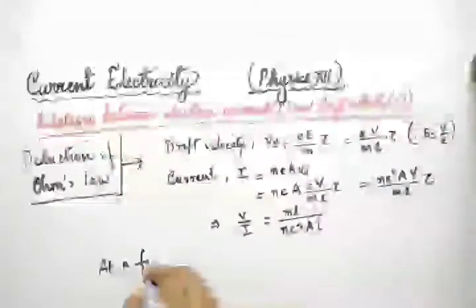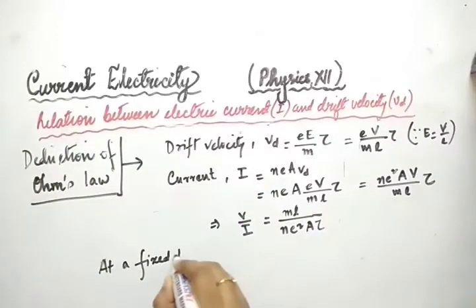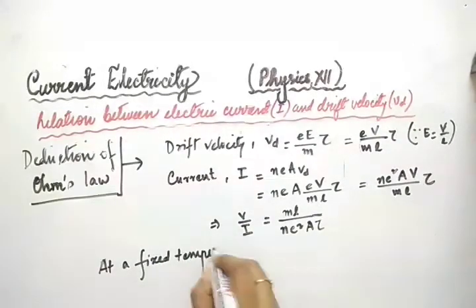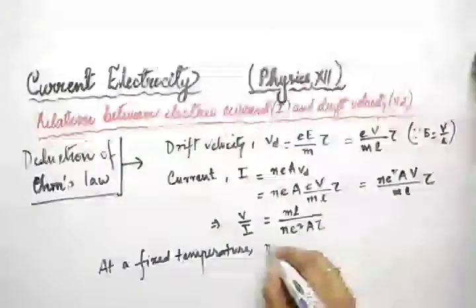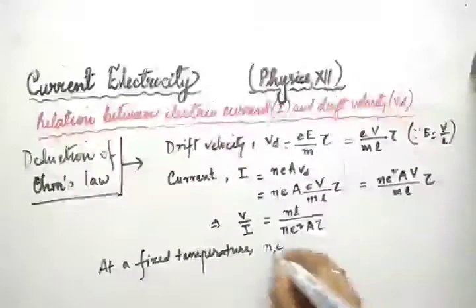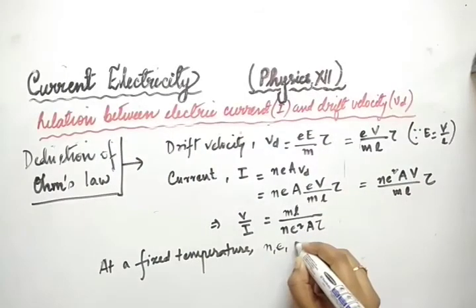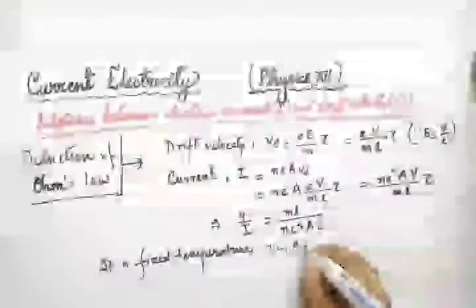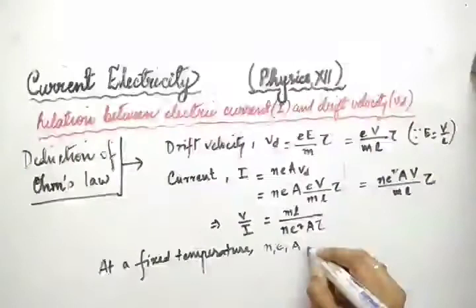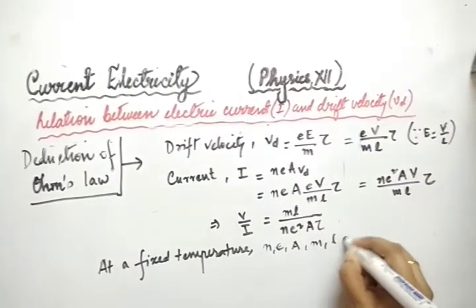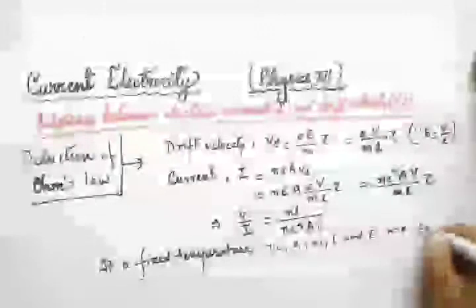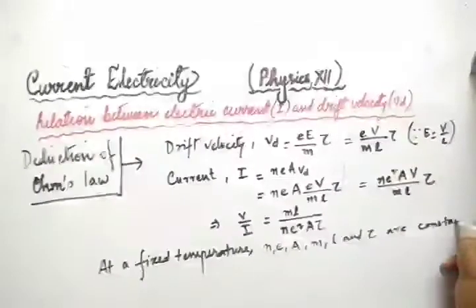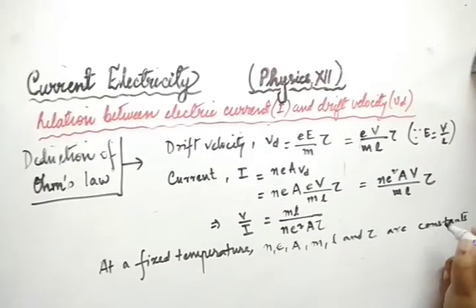Okay, so at a fixed temperature, it is found that n, e, A, m, L and tau are constants. So these will not change at a particular temperature.